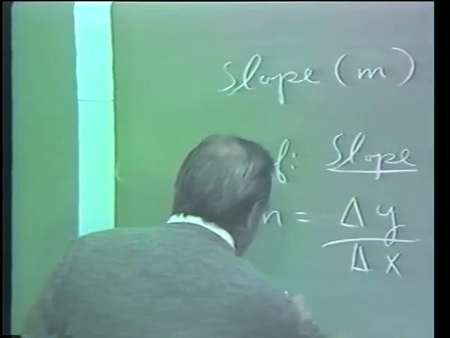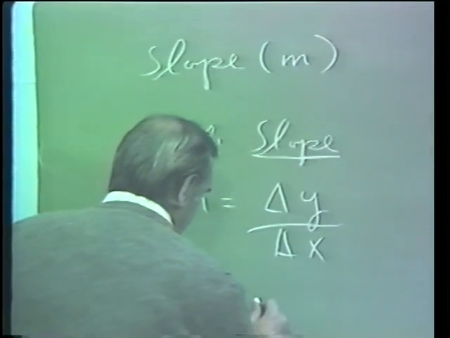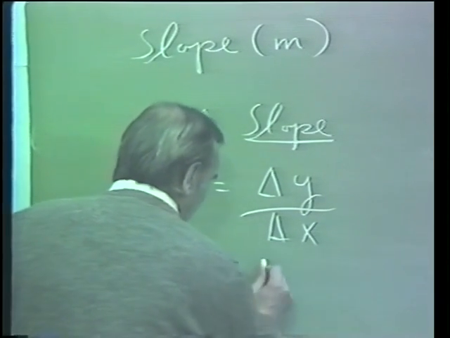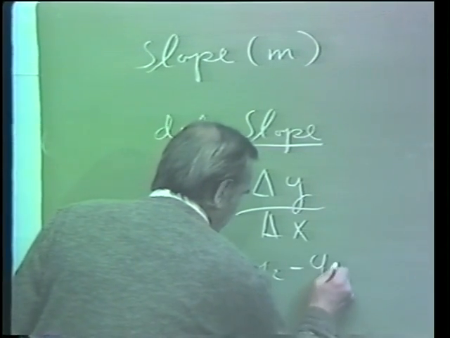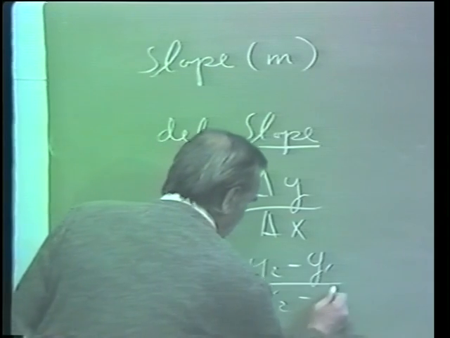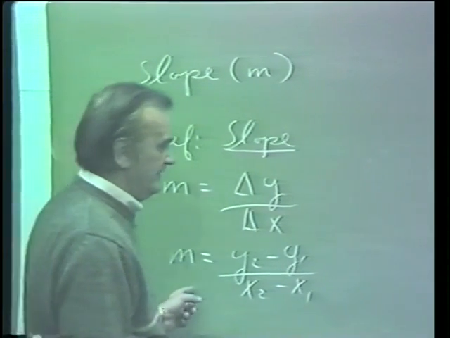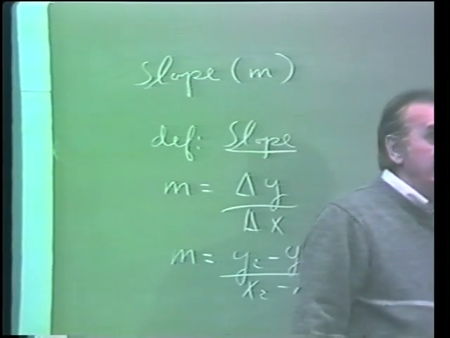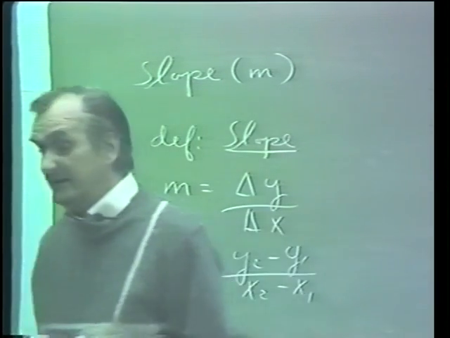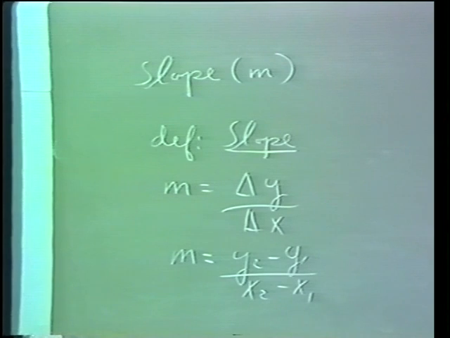So we can say that slope is equal to y sub 2 minus y sub 1 over x sub 2 minus x sub 1. And here we have the formula for slope. Okay?